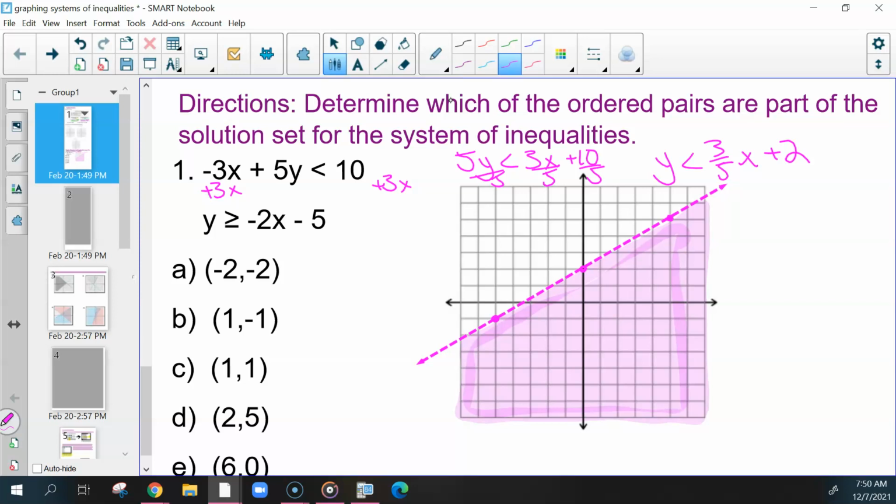And then we're going to do the exact same thing, but graph the other one. So this one would have a y-intercept at -5.